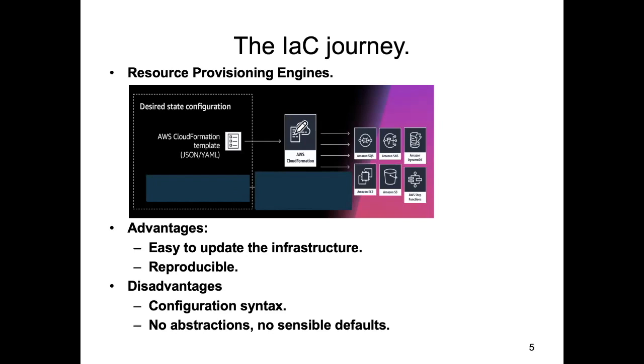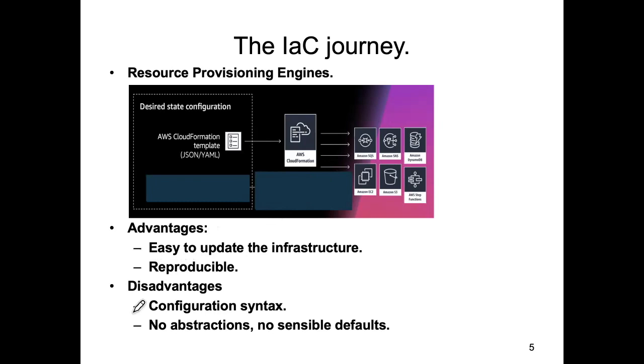It took care of working out the differences between the two of them and making the appropriate requests then to the other services to carry out the changes that were required. So that was a major improvement in the whole infrastructure as code evolution.